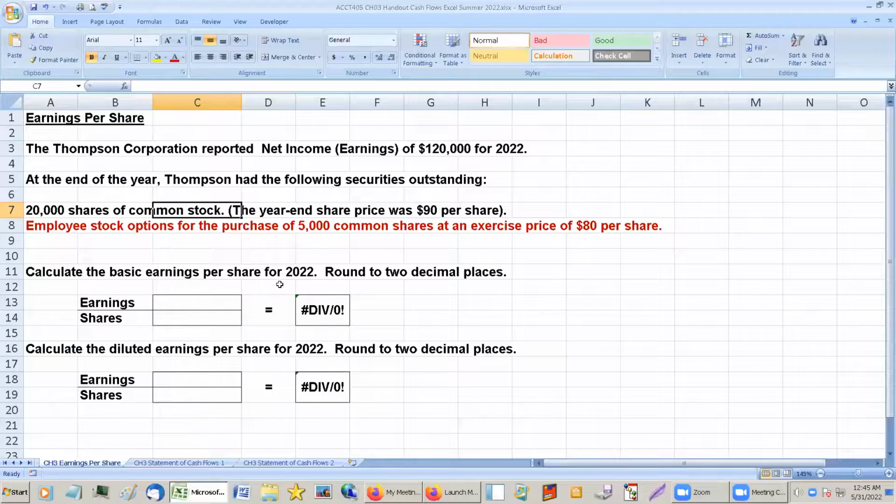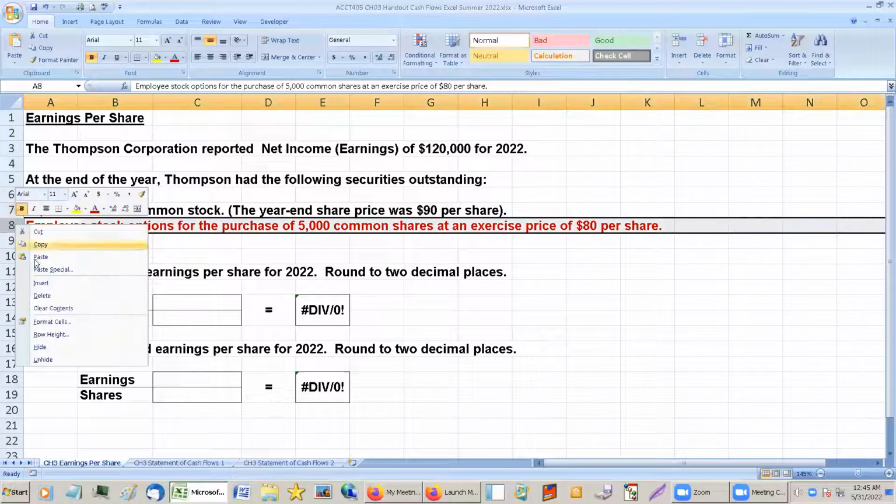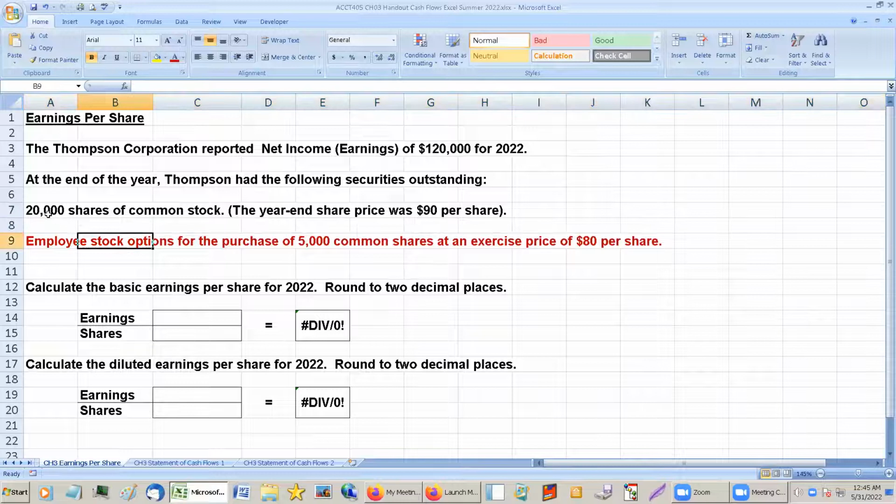One is for the number of shares that are outstanding right now, and the other one is what they call diluted, in that it will include those shares that other people could buy, in this case the employees, if they exercised their options. So the first one is just going to be for the 20,000 shares of stock.